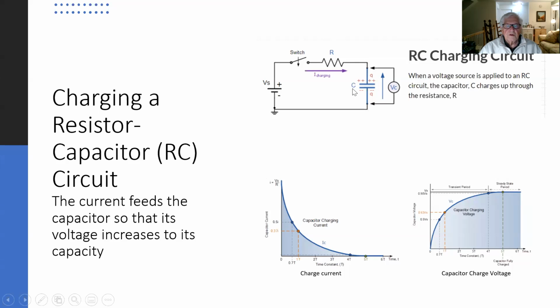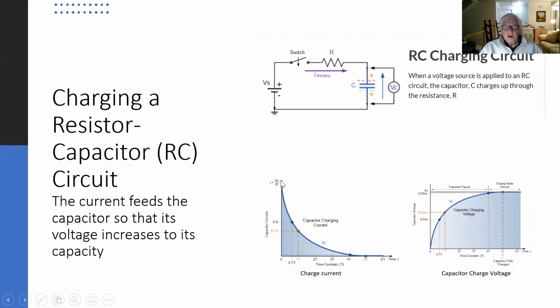As you can see, we've got a DC voltage. We flip the switch, and initially there's a surge of current going through. The amount will be Vs over R, and that current starts charging up the capacitor until the capacitor is fully charged, equal to the same voltage Vs. We can see this graphically here.